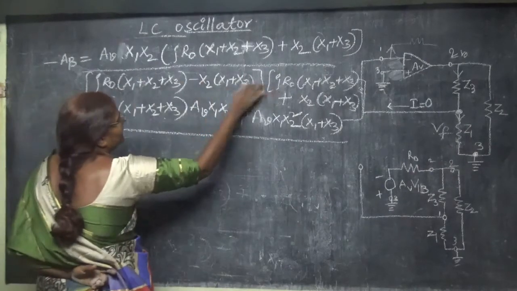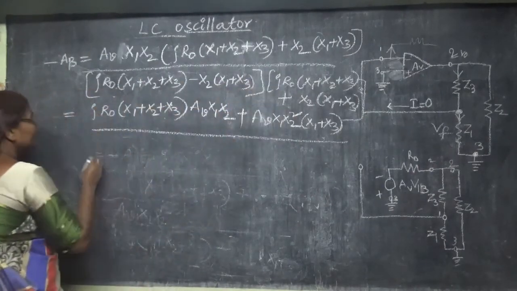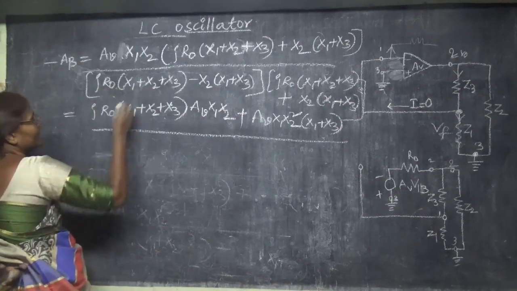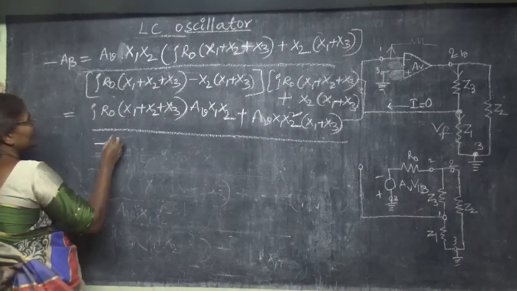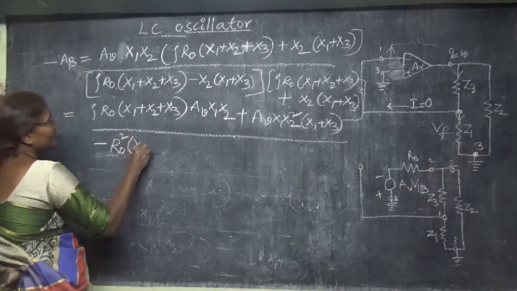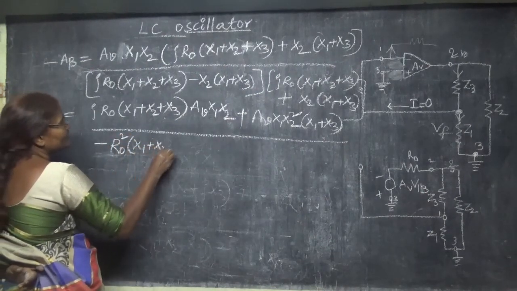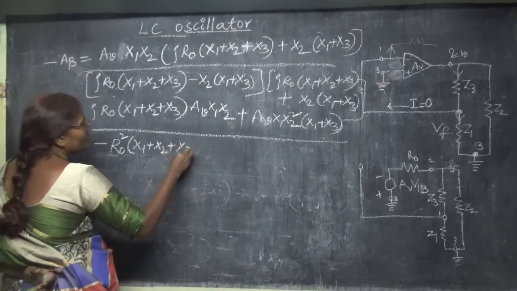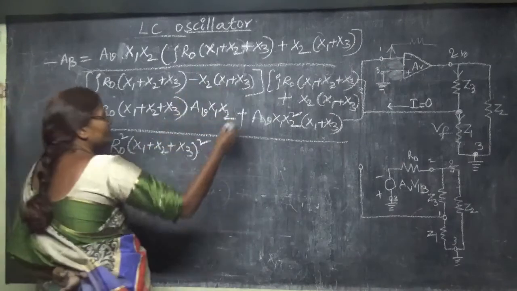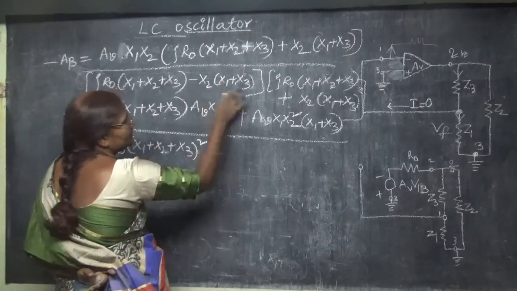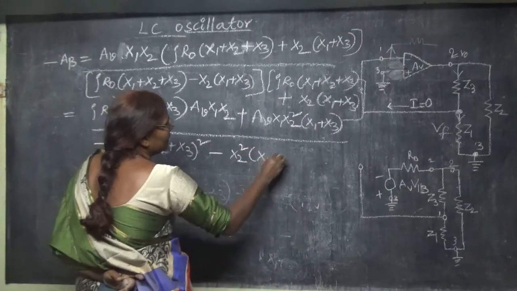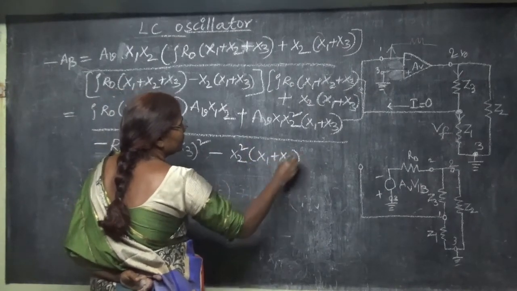A square minus b square. What is my a square? J square and this whole square. So what is j square? Minus 1 into r0 square into x1 plus x2 plus x3 whole square. Next, minus b square. That is minus x2 square into x1 plus x3 whole square.